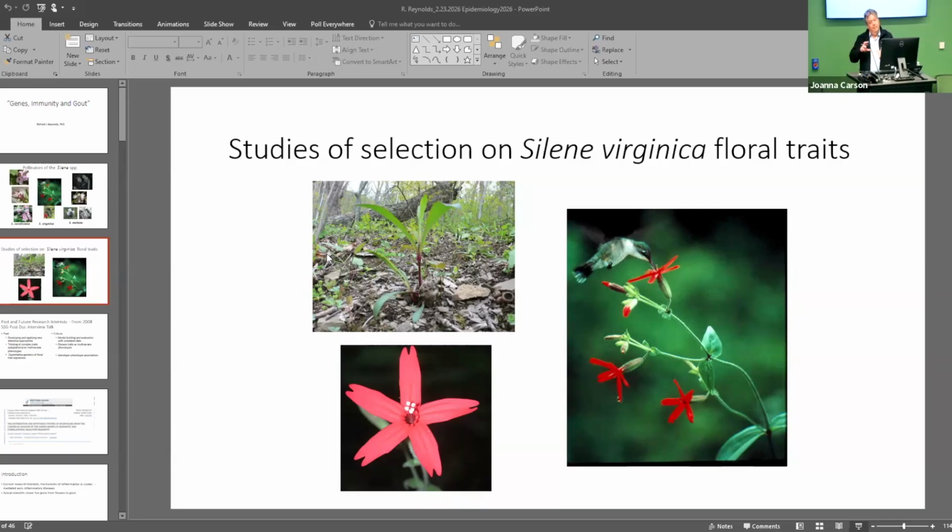What I felt like I wanted to do 18 years ago was to do some more methods development, and to start to think about disease traits as multivariate phenotypes. So, lots of different traits that are correlated. Does that comprise a disease trait?